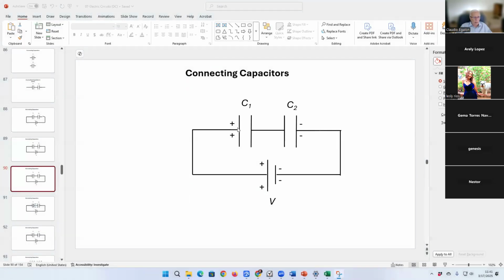This left side of the capacitor is going to fill up with positive charge because it's facing the positive side of the battery. And this other side of the capacitor is going to become negatively charged because it's facing the negative charges that are flowing in this circuit. Okay?